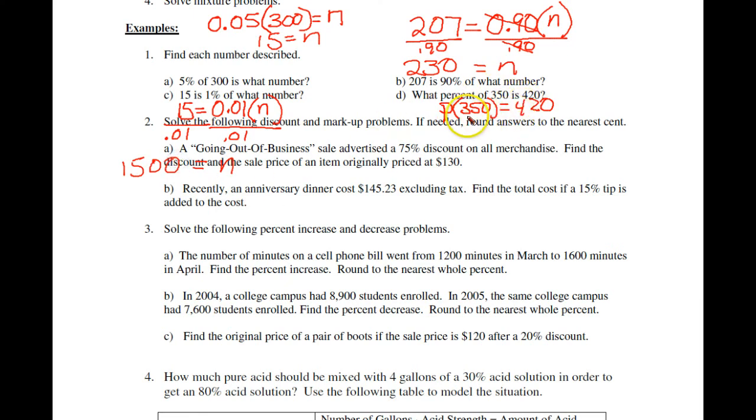And here now we're going to divide both sides by 350. And we're going to get P equals 420 divided by 350. Now we get 1.2. But they're looking for a percentage here.